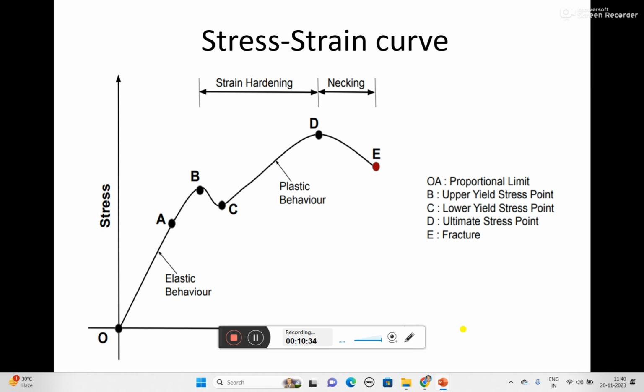That point is known as the upper yield point. After that, you can see that point C is known as the lower yield point. The material elongates with a small increase in the tensile load. Because the plastic, permanent deformation has already started, just a small increase in the load makes the material elongate.